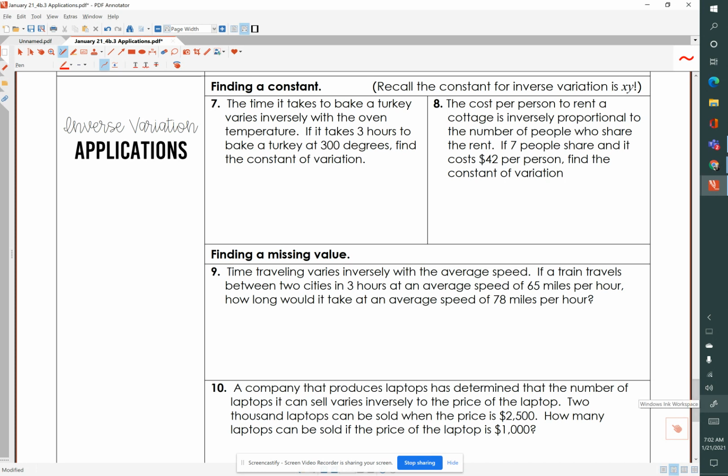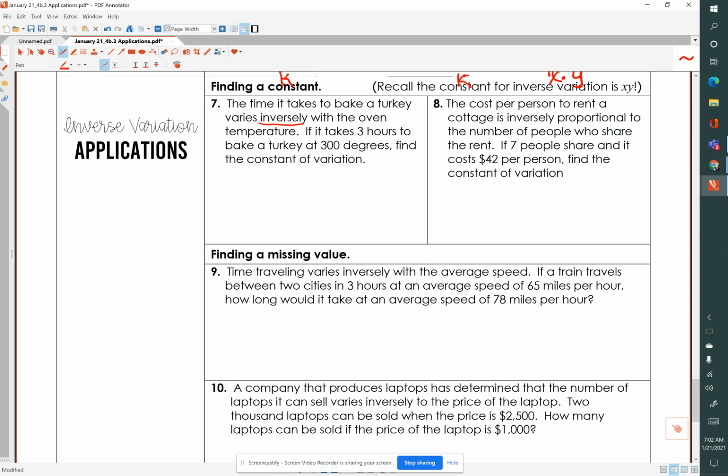Okay, now we're moving on to the inverse variation applications. So let's remember, we're going to find the constant in these first problems, and the constant for inverse variation is x times y. So let's keep that in mind as we do these next two problems. The time it takes to bake a turkey varies inversely with the oven temperature.